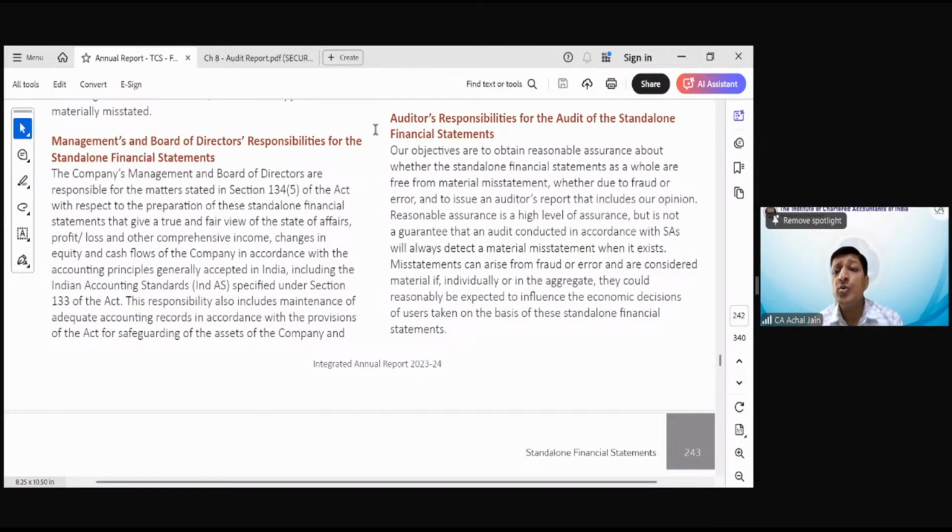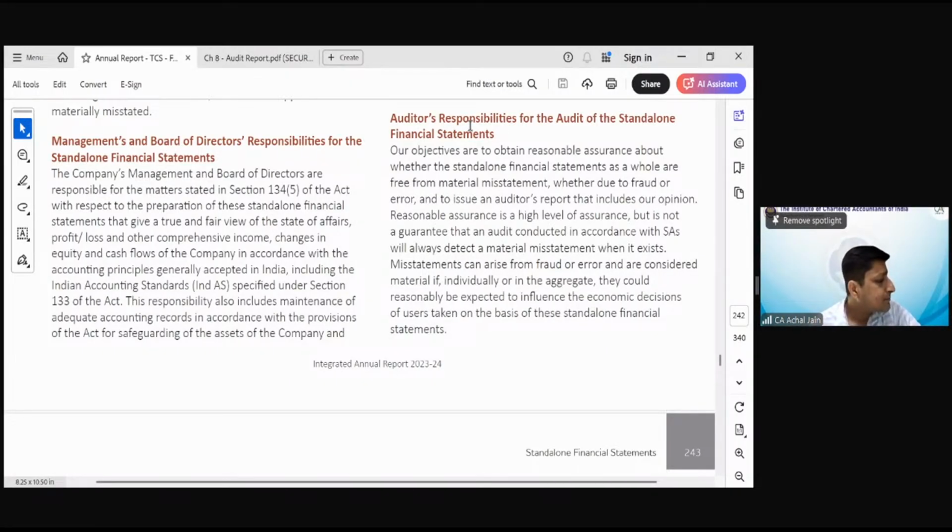Now, in relation to reasonable assurance, another point which needs to be understood is that absolute assurance is not obtained by the auditor. And this reasonable assurance will always carry some limitations. So let's read this complete para and then we'll have a discussion on this. Sunil says a high level of assurance is there, but it's not absolute. That's correct.